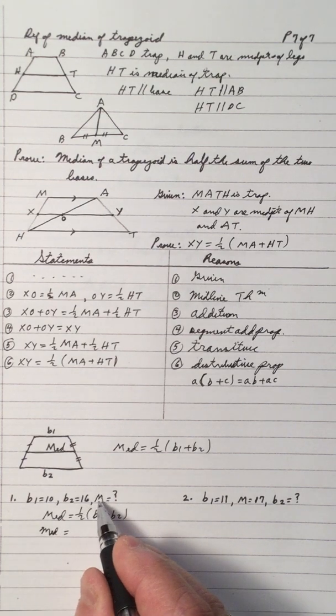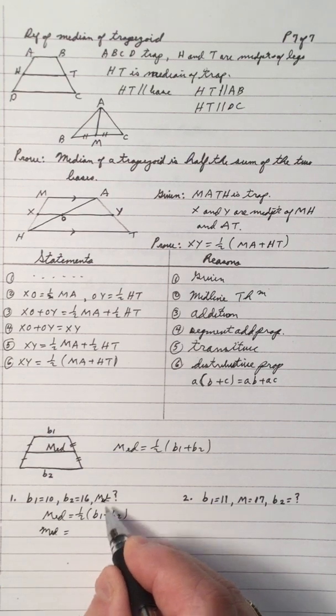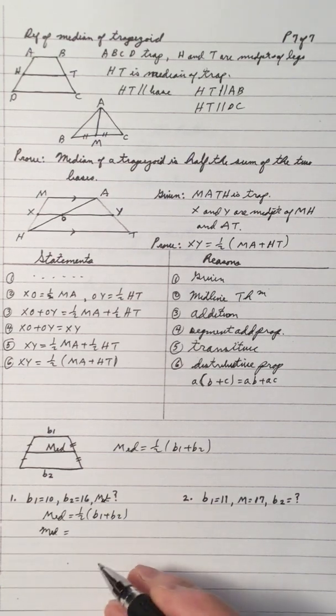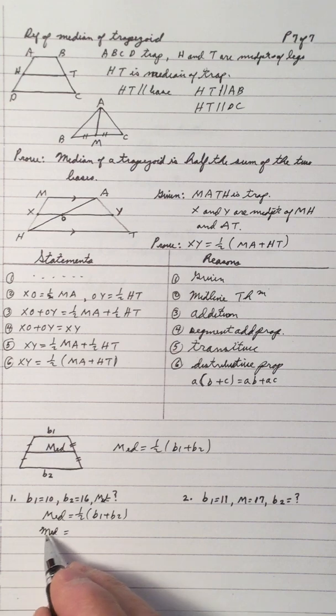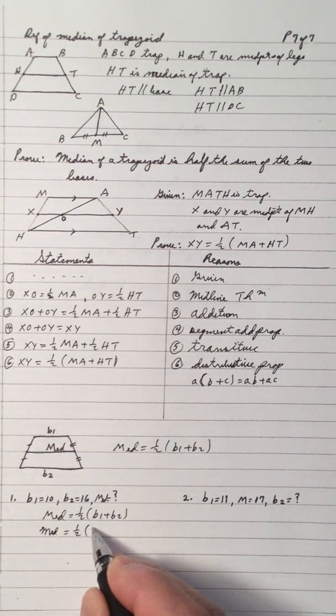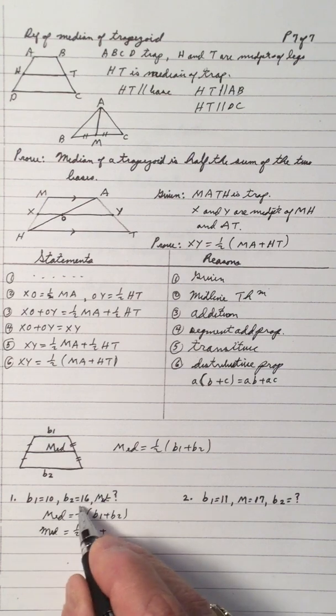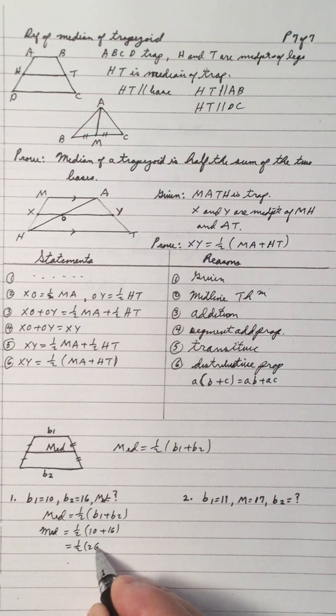I didn't want to use M alone because the M alone would have signified like a slope or things like that, midpoint, M standing for midpoint, but this is MED, median of a trapezoid. That's a half of B1, 10, B2, 16. So that's a half of 26. So the median is 13.